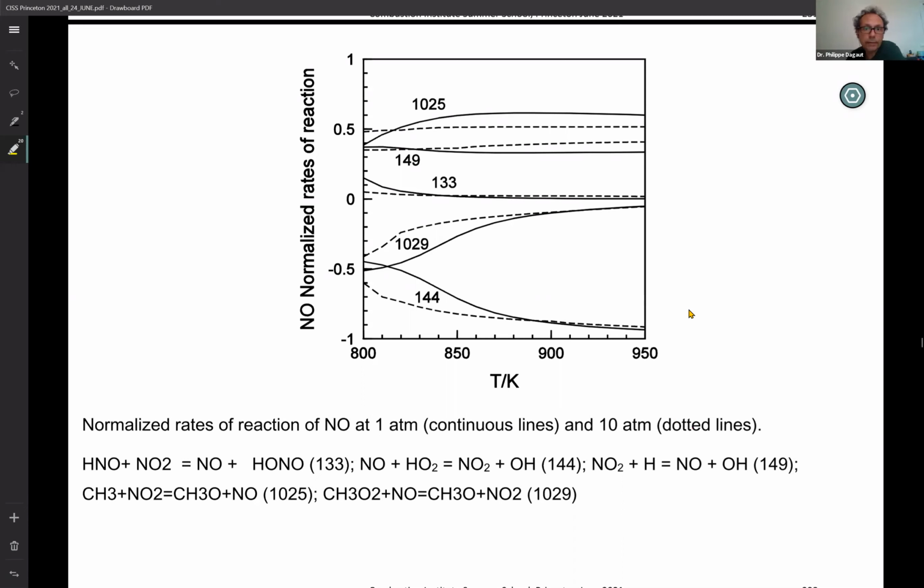And you can see that the same reactions play the same role, but it's clear that when you are at 10 atmospheres, this reaction is much more important than at 1 atmosphere.